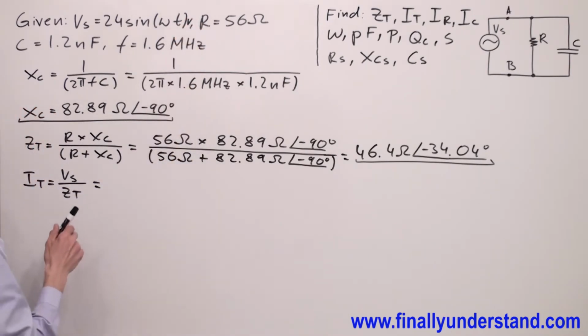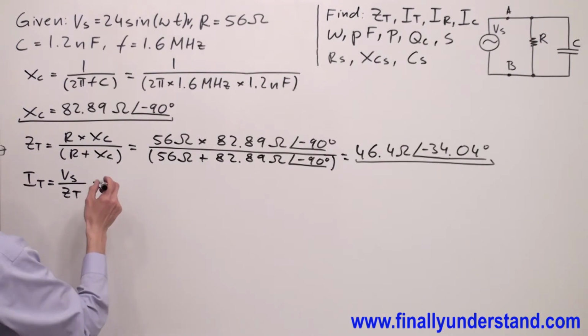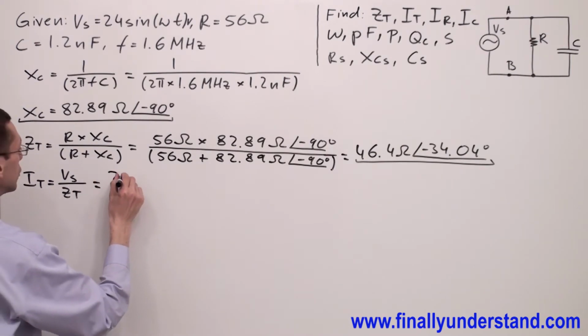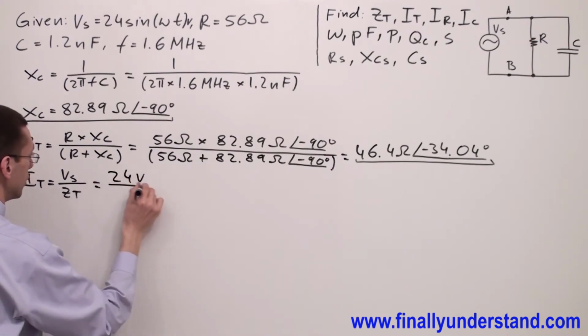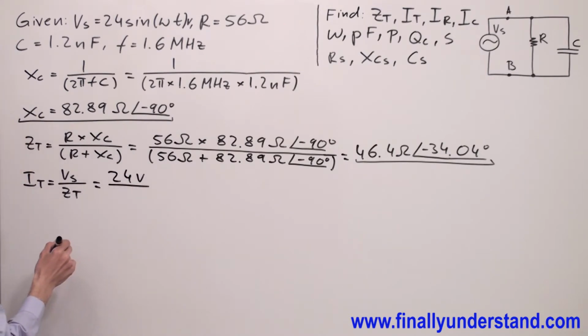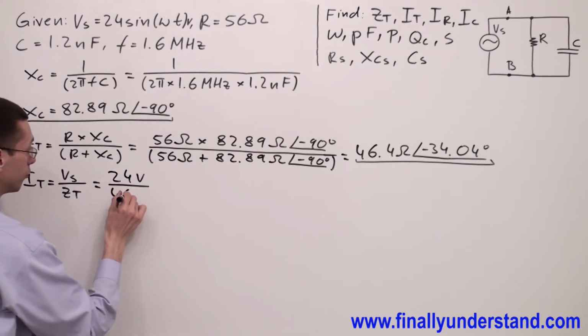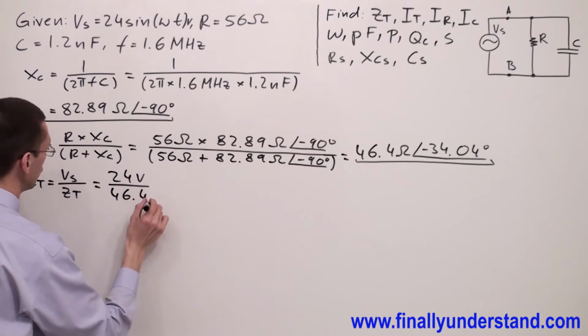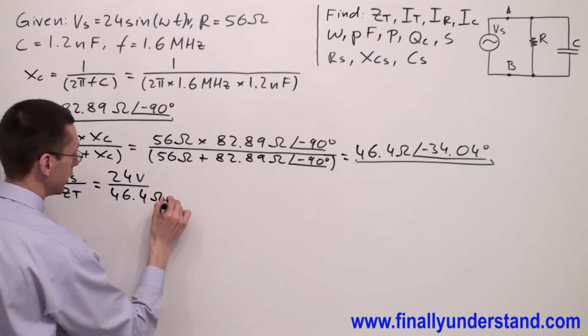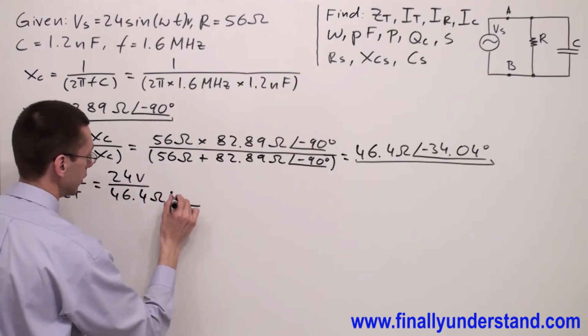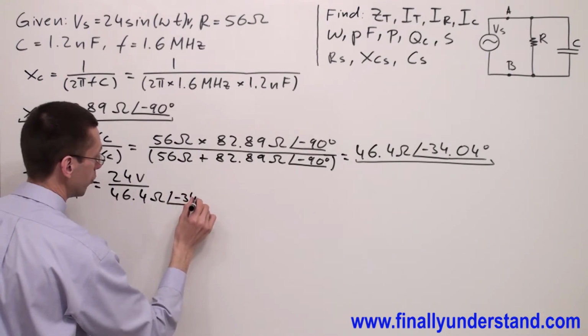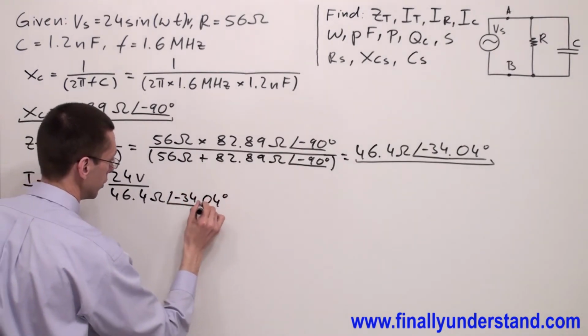So voltage source is equal to 24 volts over Z total, which is equal to 46.4 ohms and angle of negative 34.04 degrees.